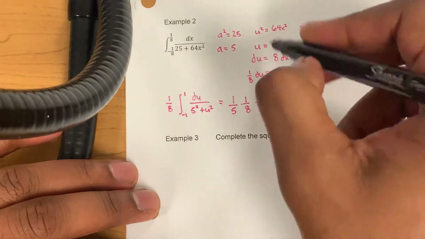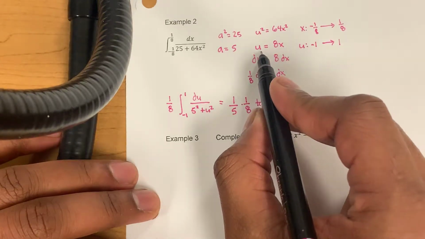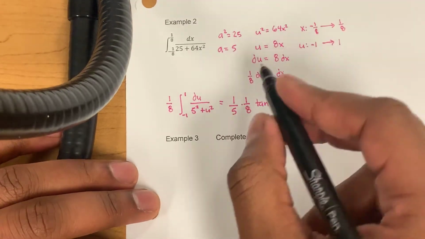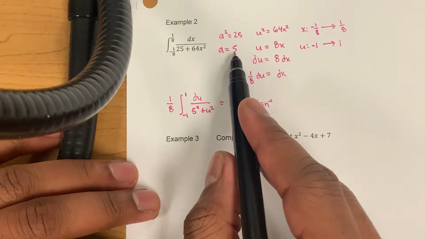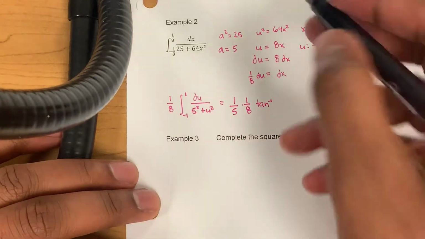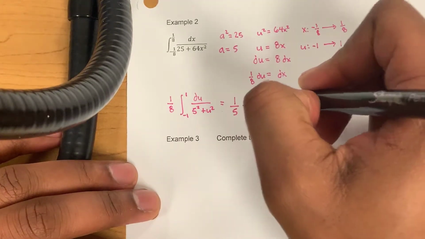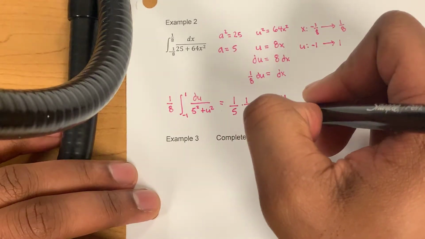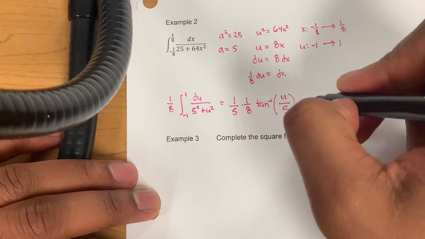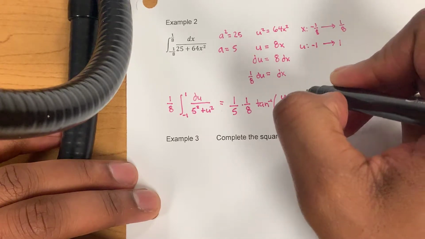In this case, we can just do u over 5 because we don't have to go back to x because we have a definite integral. So we're just going to have u over 5, and we'll evaluate that from -1 to 1.